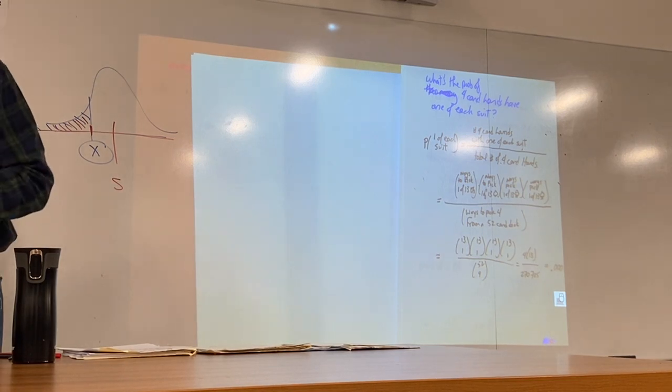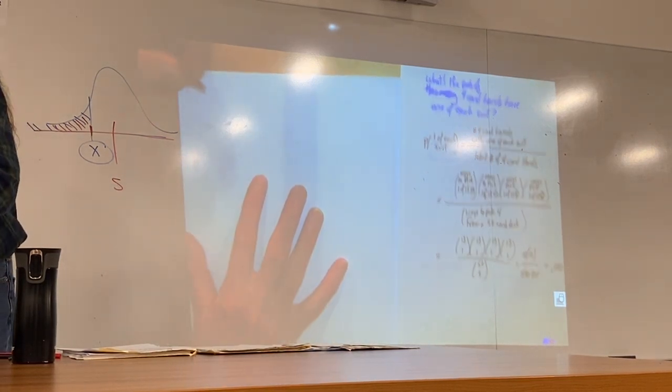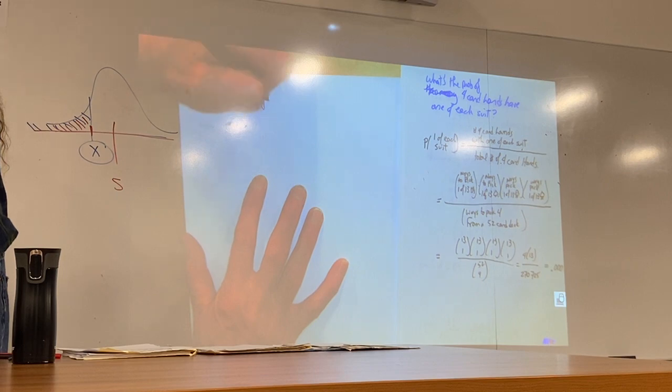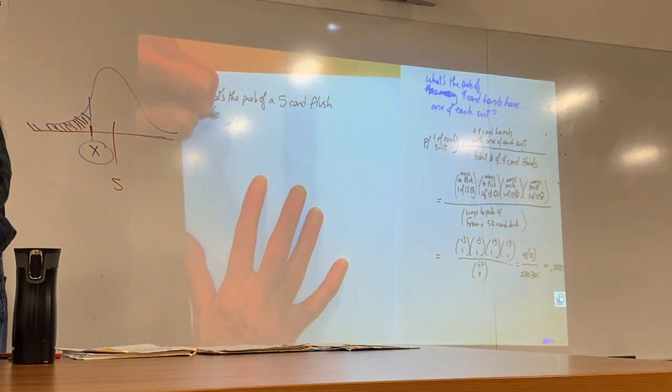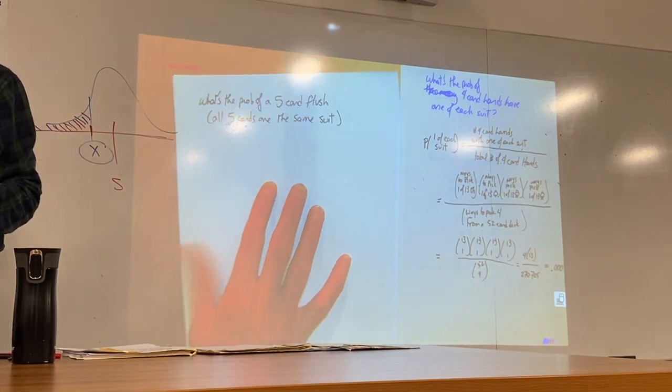let's do this full house with this, what was it called, a flush? Okay. What's the probability of a 5-card flush? Right? All 5 cards are the same suit. Okay.